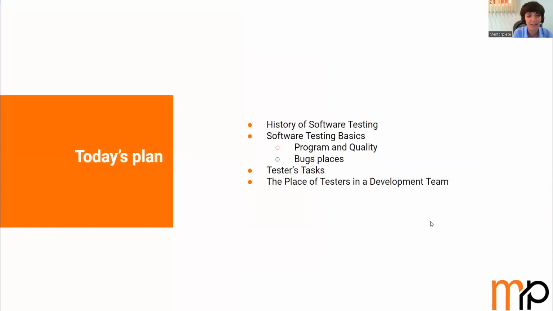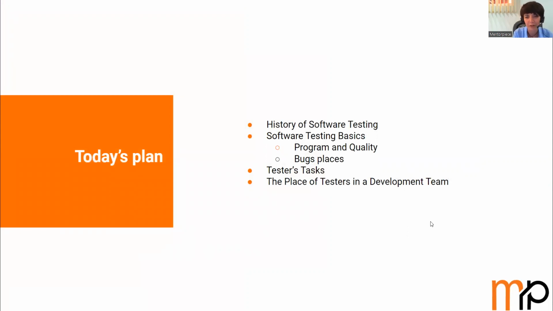And here is today's plan. We will start from a bit of history of software testing, just to go a bit deeper into this and to get an impression of where and when testing started.